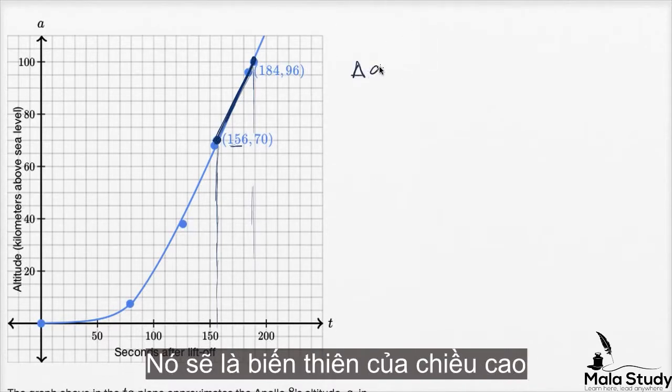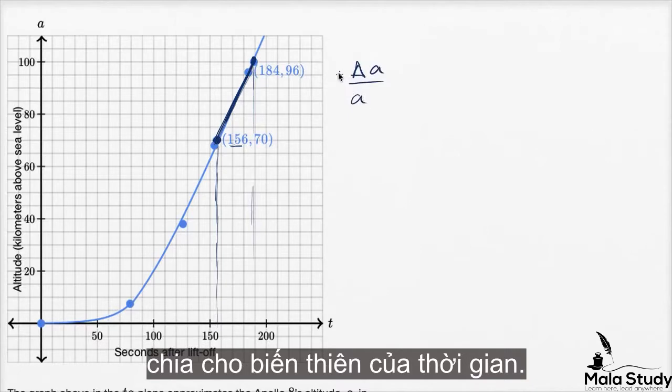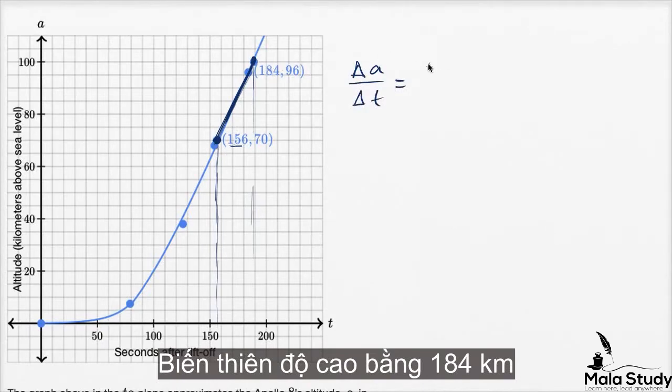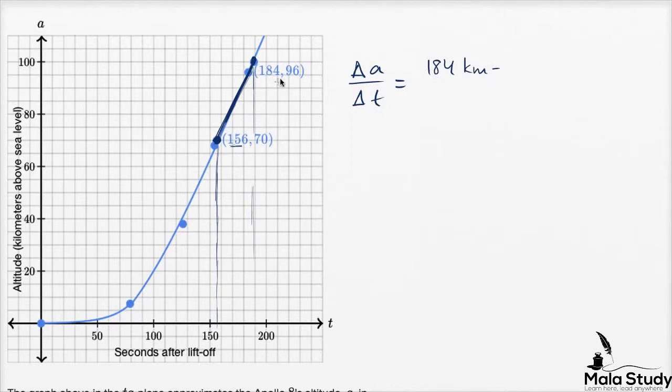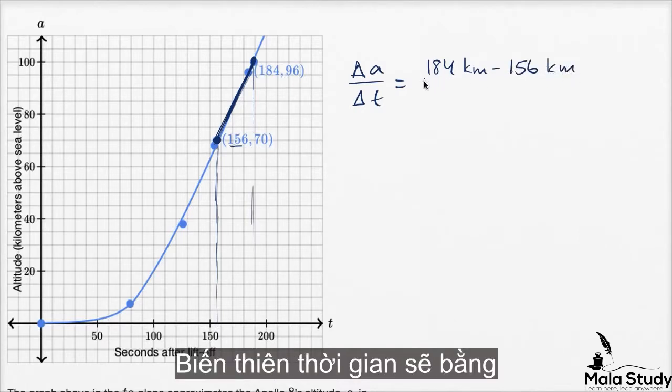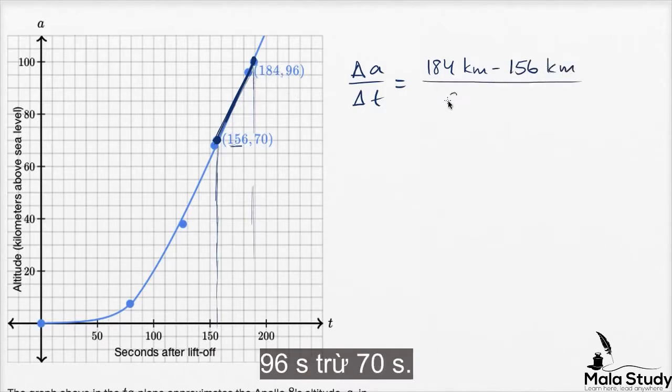Well, it's going to be change in altitude over change in time. So let's see, change in altitude is going to be 184 kilometers, and I could even write the units down to make it a little clearer, minus 156 kilometers. And then our change in time is going to be 96 seconds minus 70 seconds.